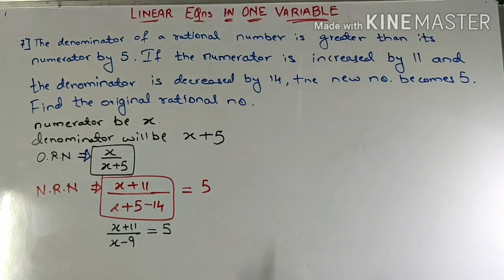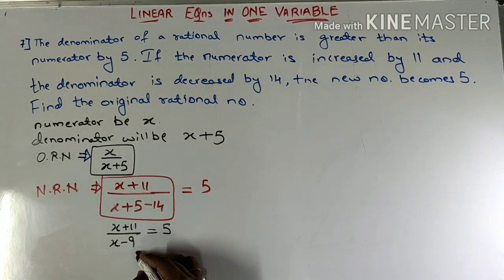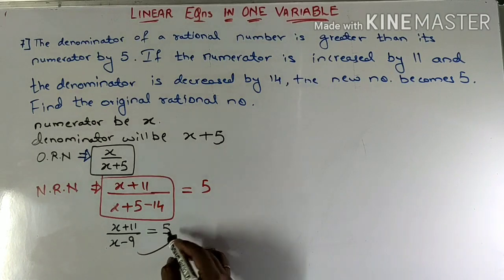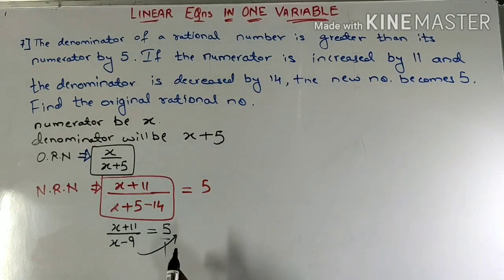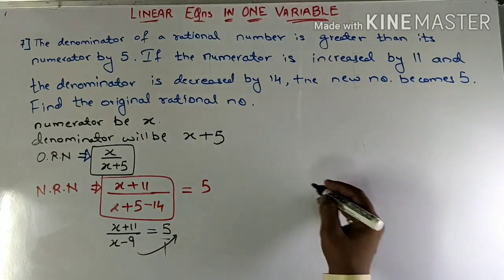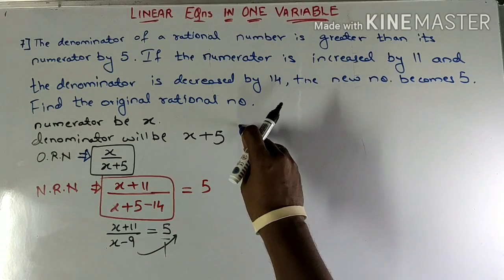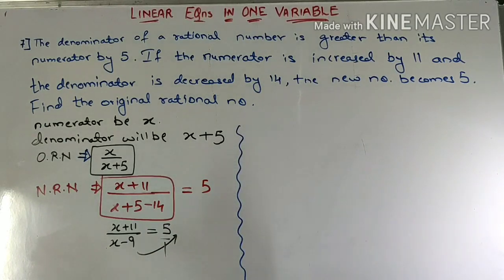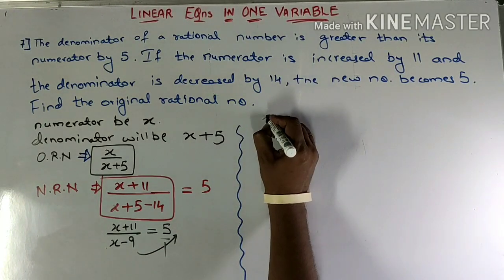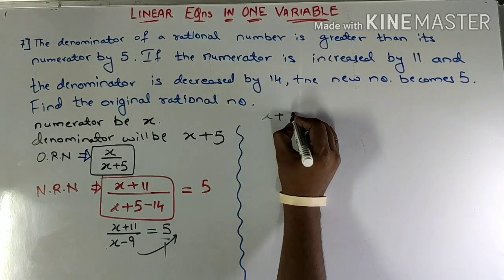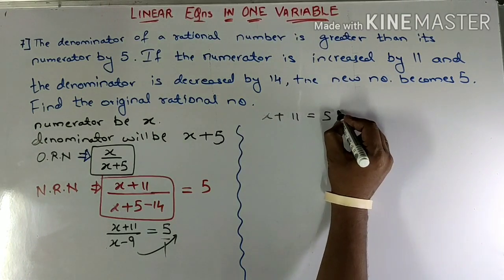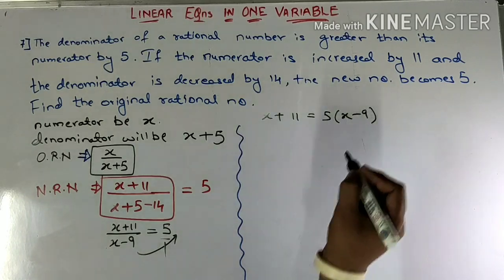As we have studied in the previous class, when I want to get rid of a denominator, I do cross multiplication. This is nothing but 5 by 1, so 1 multiplied over there, and this denominator multiplied by 5 over here. So my new equation becomes x plus 11 equals 5 into x minus 9.